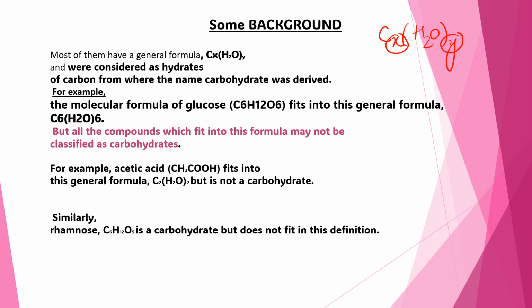For example, for the molecule C6H12O6, if I put 6 for x and 6 for H2O, 6 twos are 12, O6, H12, C6H12O6. It becomes a general formula. C6H12O6 is glucose, so it was fitting in this formula.